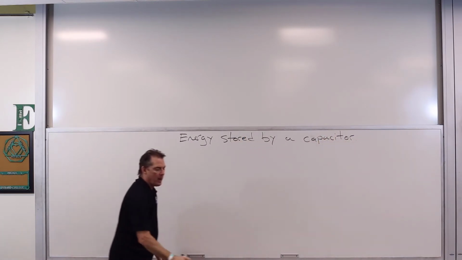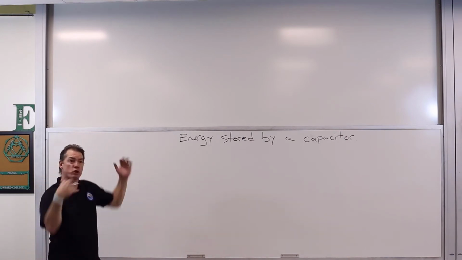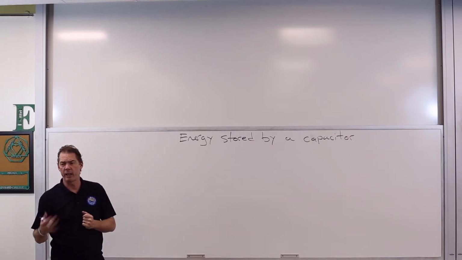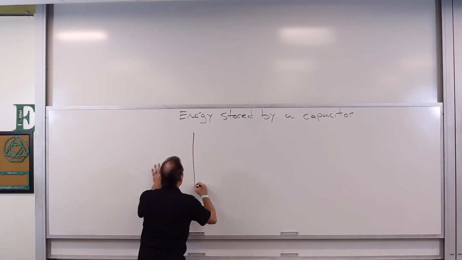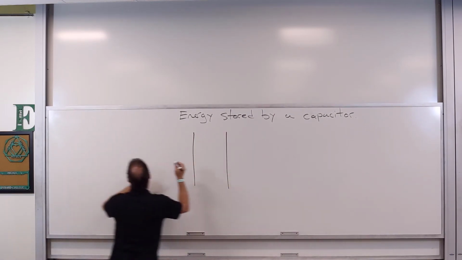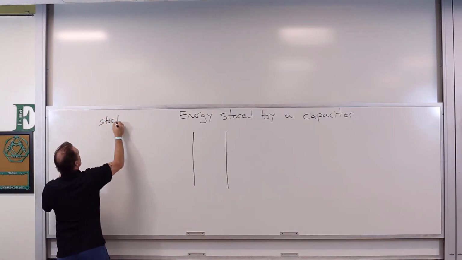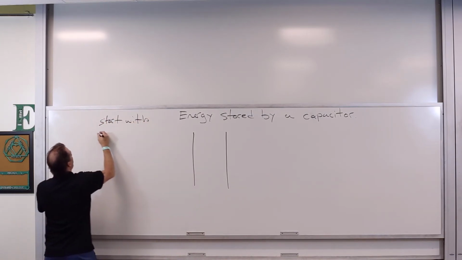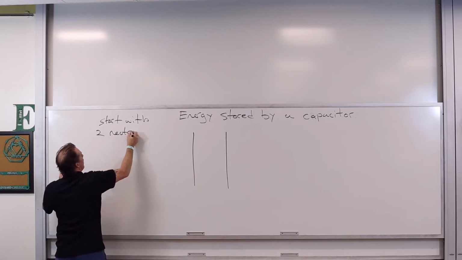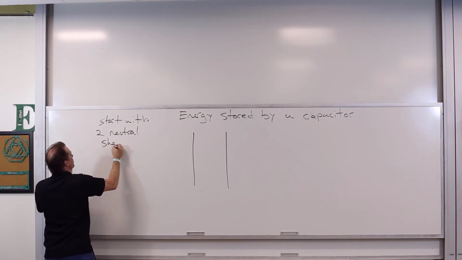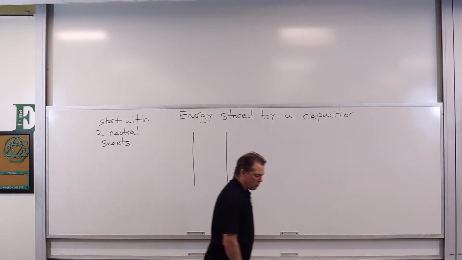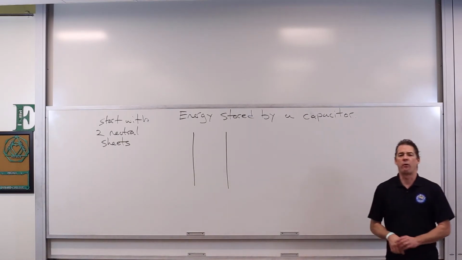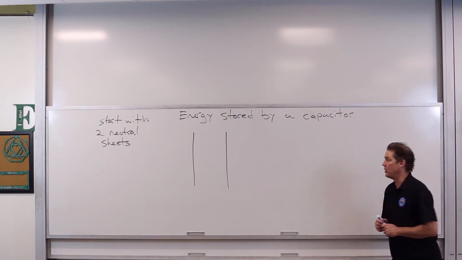All right, so imagine this. You take two sheets that are conductive but completely electronically neutral. Start with two neutral sheets. What we want to think about is taking electrons off of one sheet and putting them over onto the other.